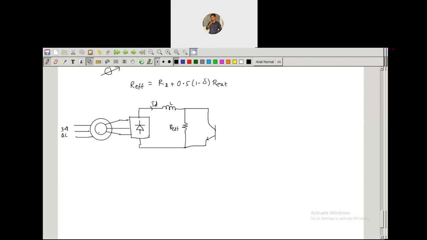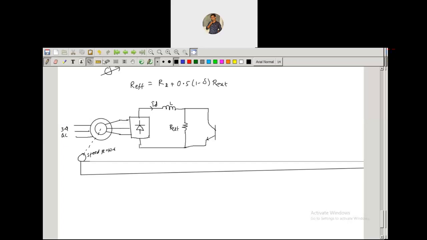So we need a speed sensor here, which will sense the speed, for example omega m.